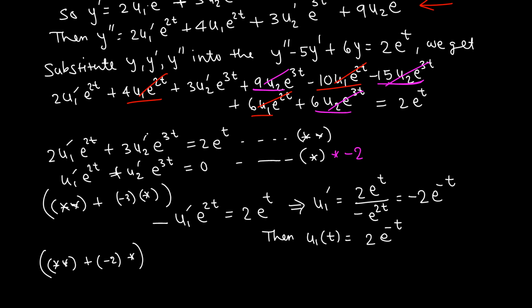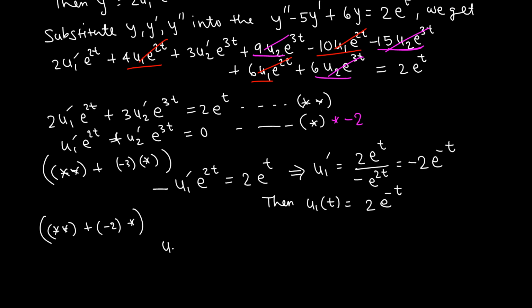So 3 u2 prime e to the 3t, this will be minus 2 u2 prime e to the 3t. So 3 minus 2 is just 1. So we get 1 u2 prime e raised to 3t equals 2e to the t minus 0, just 2 e raised to t. So from here, let's divide by e to the 3t, you get u2 prime equals 2e to the t divided by e to the 3t, which is t minus 3t is -2t.